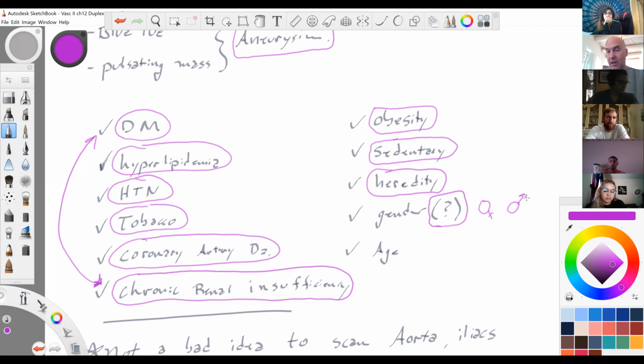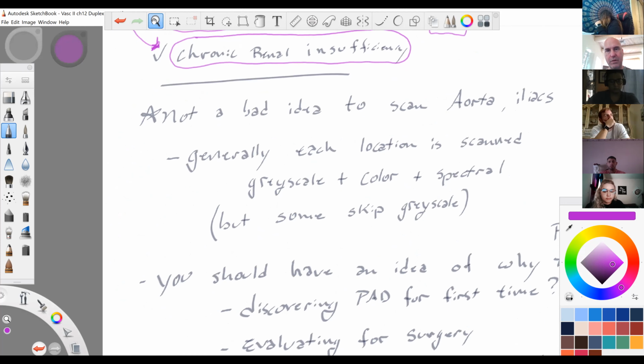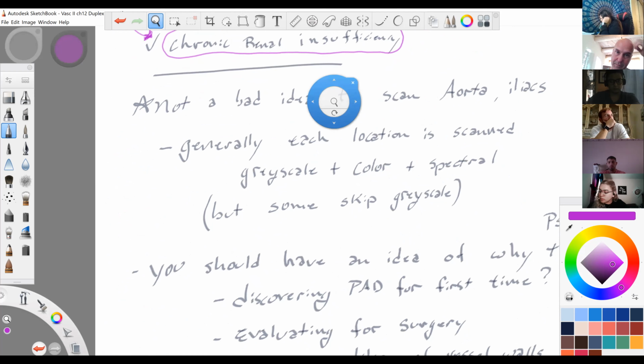Anyway. And then age, of course. Age is the enemy that none of us can fully avoid. So generally, you're looking at older people when you do these exams.